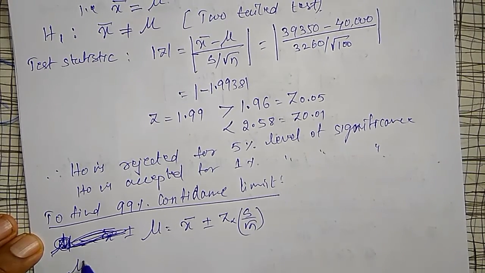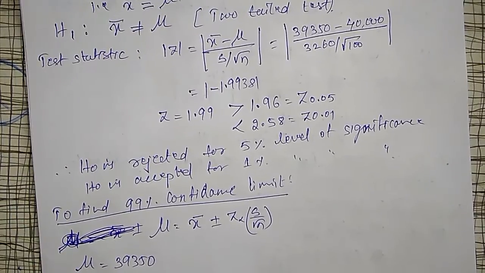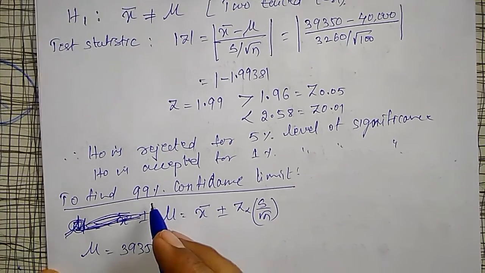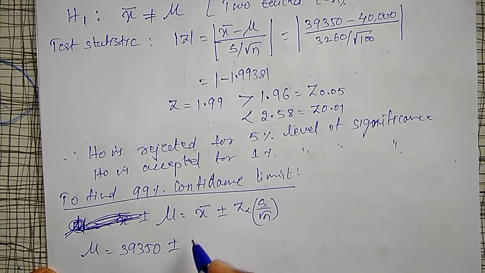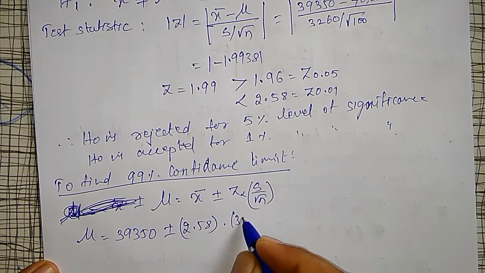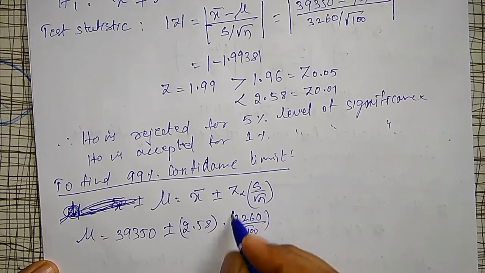Therefore, mu is equal to x bar value 39,350 plus or minus z alpha for 1%, or 99% level of confidence, its value is 2.58, into s, which is given as 3260, divided by root 100.